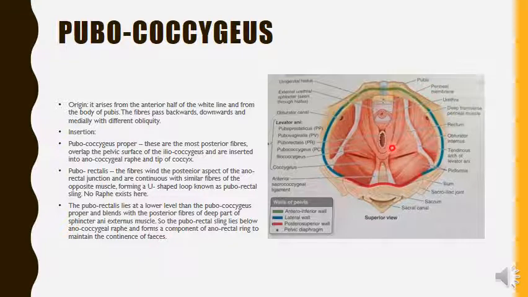If we just see in the anatomical position, this puborectal sling lies a little on the lower level, and it supports the external anal sphincter to maintain the continence of the feces.